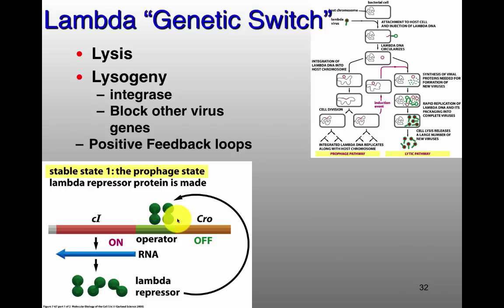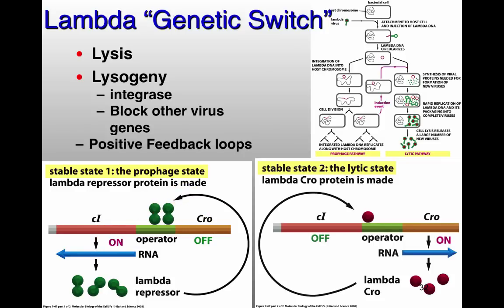So if the cell decides that it's going to integrate its genome and hang out, this is what happens. If the other decision is made, you now turn off this gene, but turn on our friend Cro. Does Cro sound familiar? That dimer with the 2 beta strands binding to DNA?